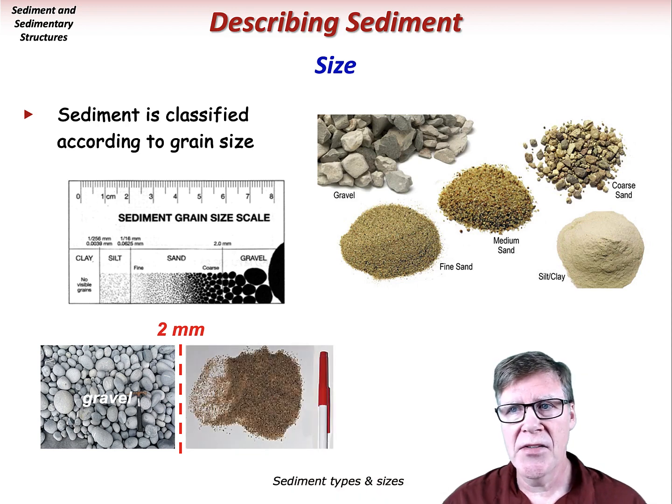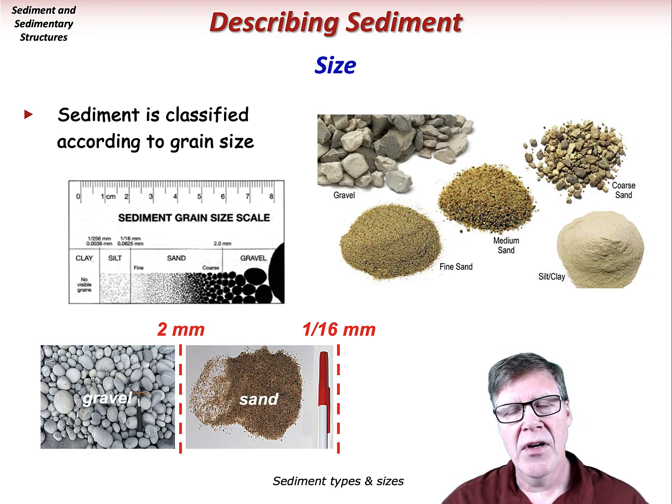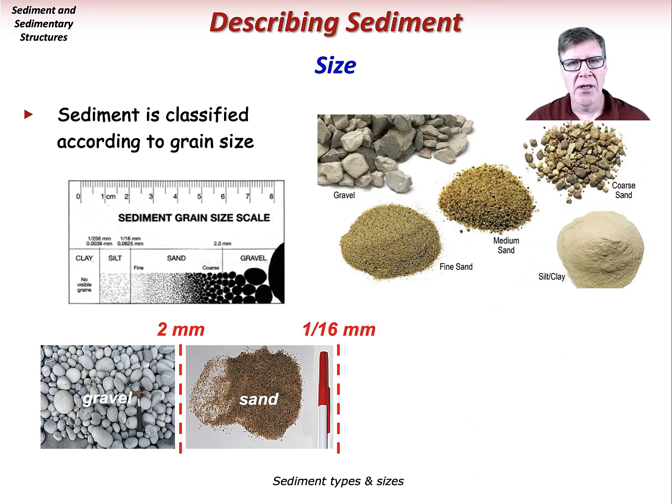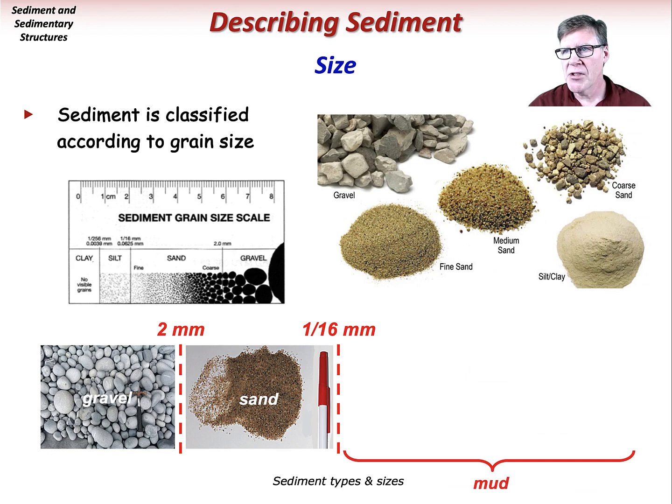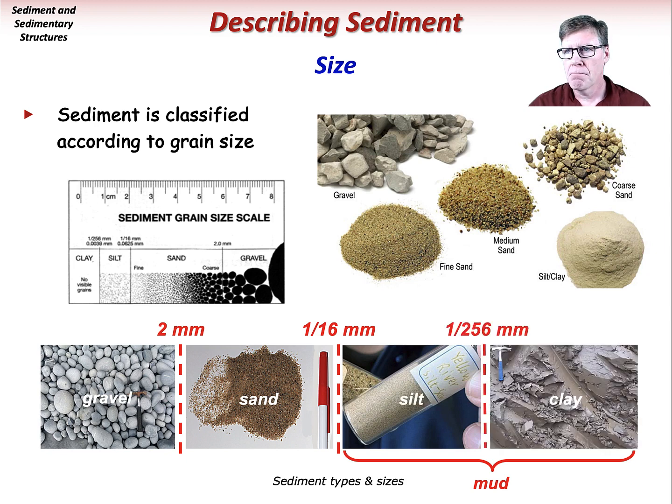Sand is a size term that describes clasts with grain sizes from 2 millimeters to 1/16 of a millimeter. Sand sizes range from very fine-grained to fine-grained to medium-grained to coarse-grained to very coarse-grained. All sediment smaller than 1/16 of a millimeter is termed mud, which includes silt, which is 1/16 of a millimeter down to 1/256 of a millimeter, and clay, which is less than 1/256 of a millimeter in size.